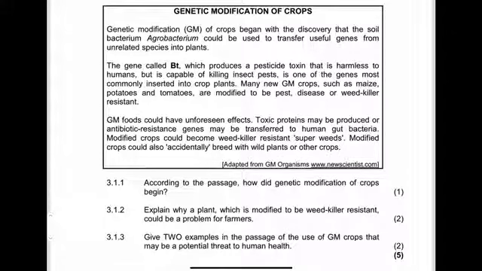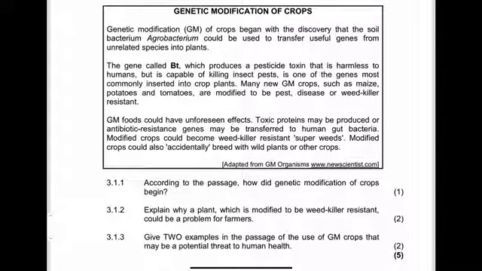And our last question, looking at genetic modification. So genetic modification began with the discovery that the soil bacterium, Agrobacterium, could be used to transfer useful genes from unrelated species into plants. The gene, called Bt, which produces a pesticide toxin that is harmless to humans, but is capable of killing insect pests, is one of the genes most commonly inserted into crop plants.